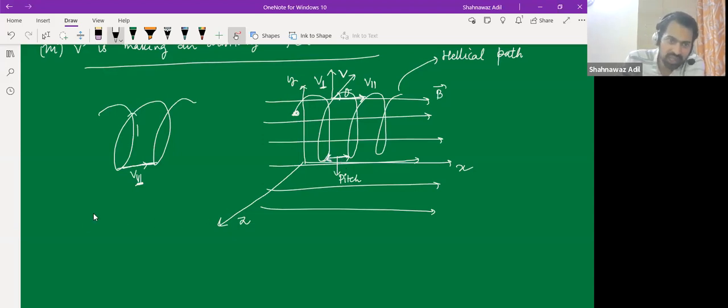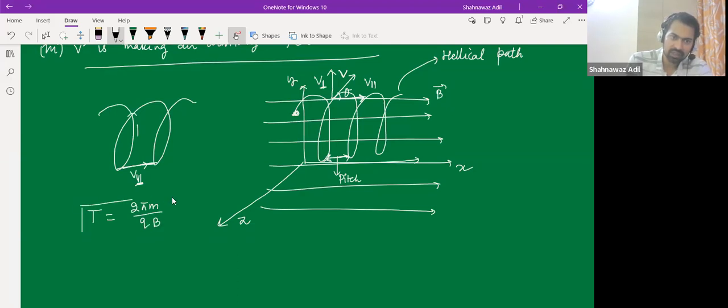So what was the time period of one circular motion? What was the time period, guys? 2 pi m by q. Absolutely right. So 2 pi m by q.